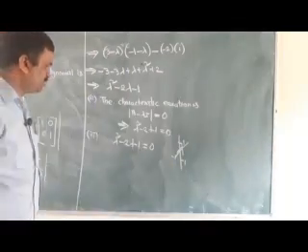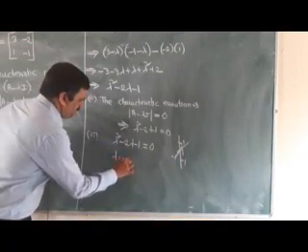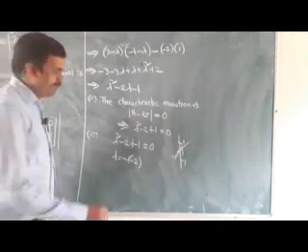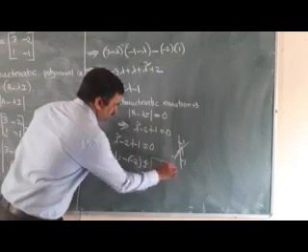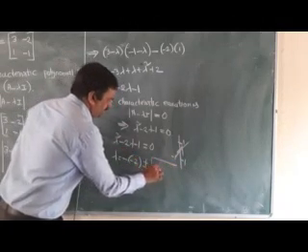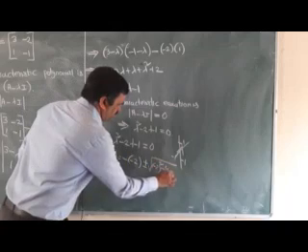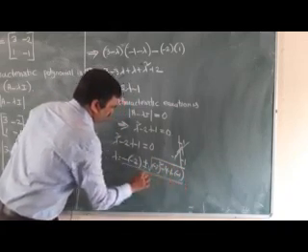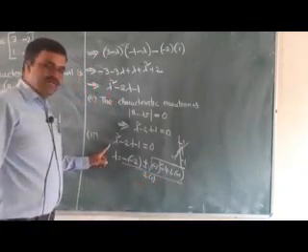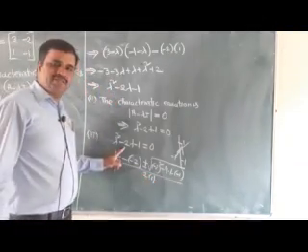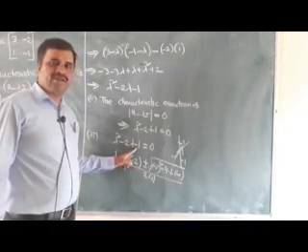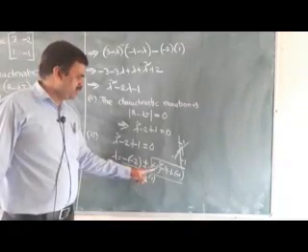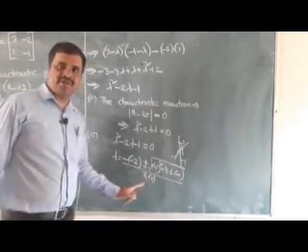So we have to use the formula lambda equal to minus b plus or minus root over b square minus 4ac by 2a.